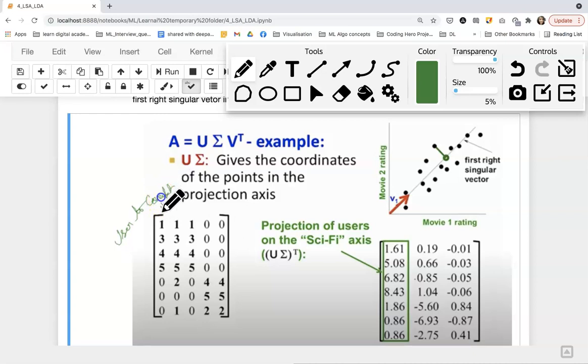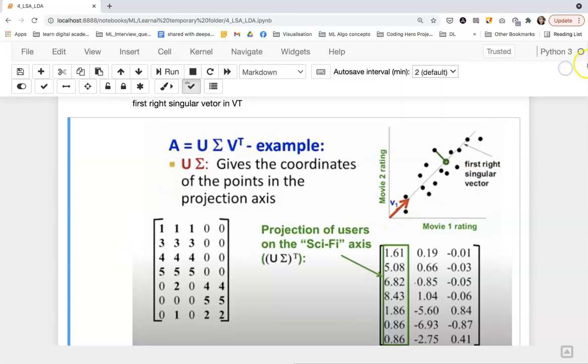Fine. When we multiply this U with this sigma matrix, we will get the coordinate points of the user data on the projection axis. That means the coordinate point on the sci-fi axis.